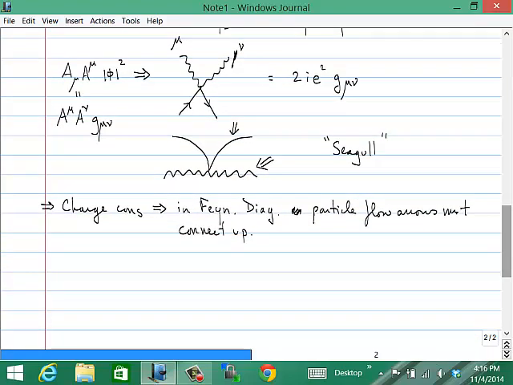That's just saying that each interaction individually in the Feynman rules will conserve charge, just like it conserves momentum.